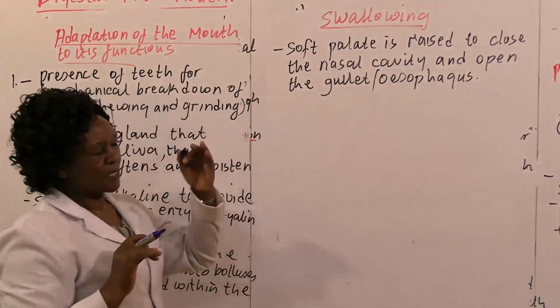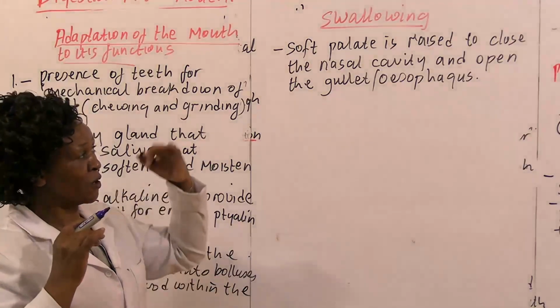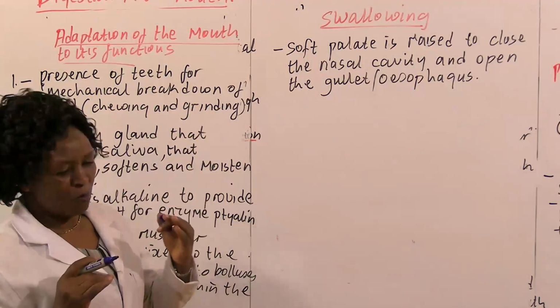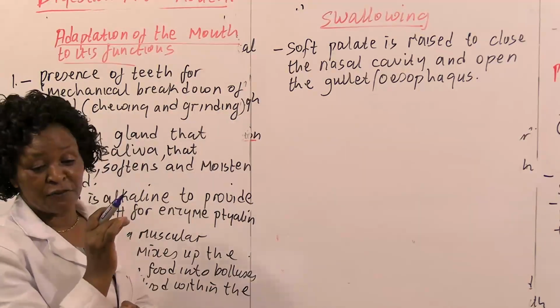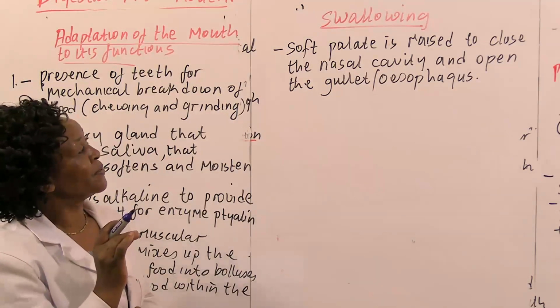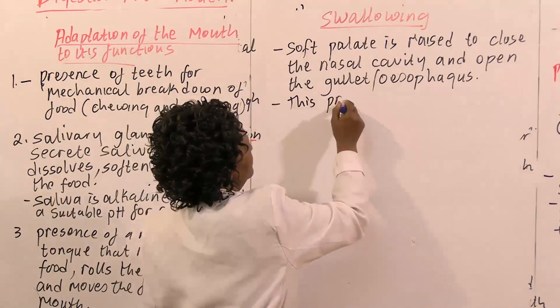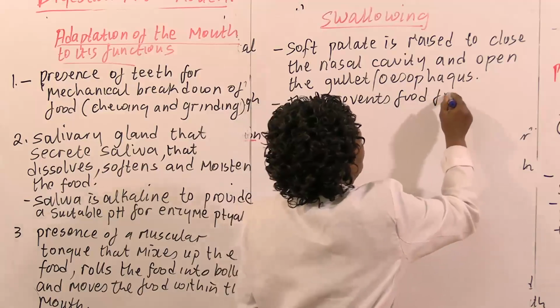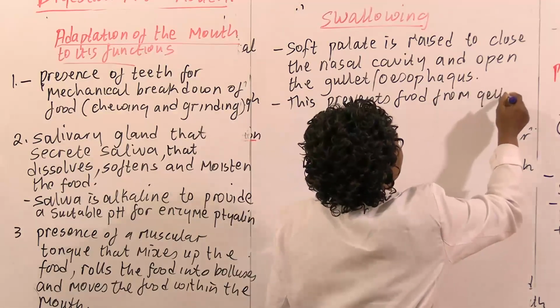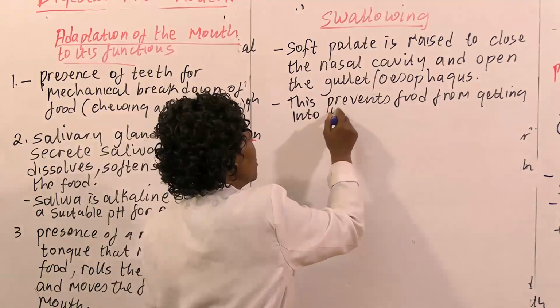That soft palate, that piece of muscle that hangs at the back of the mouth, is raised, closes the nasal cavity and opens the esophagus. This prevents food from getting into the nasal cavity.